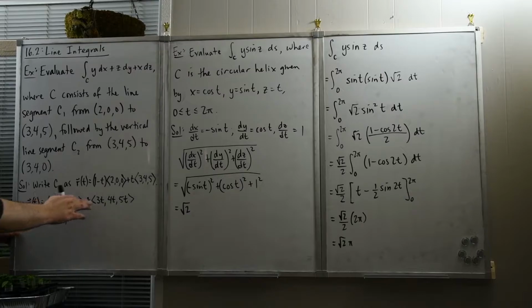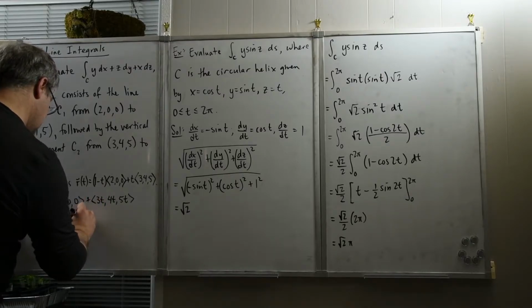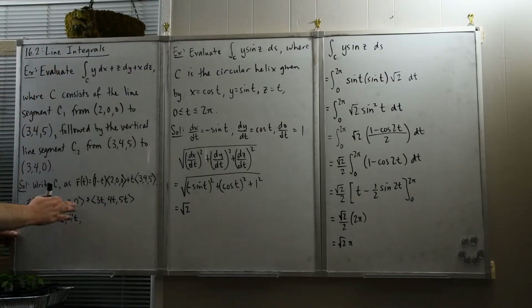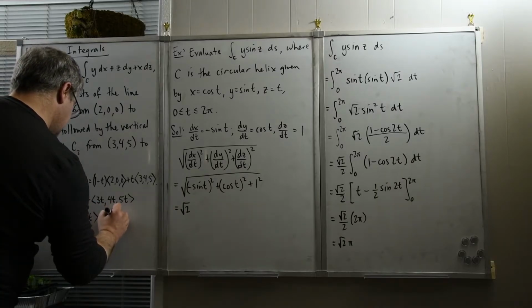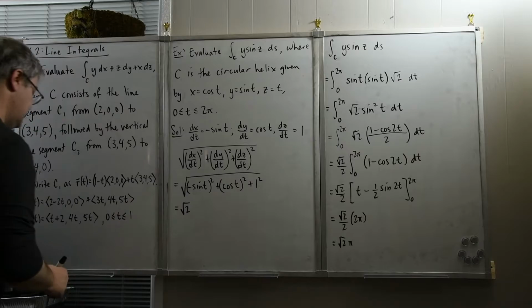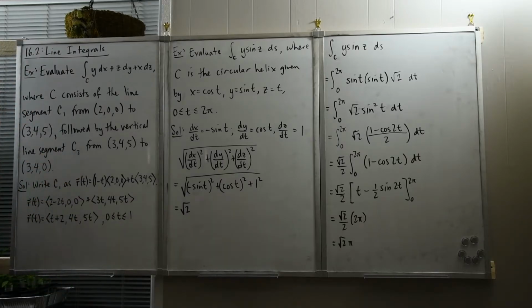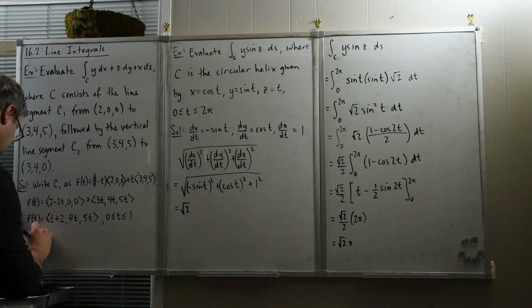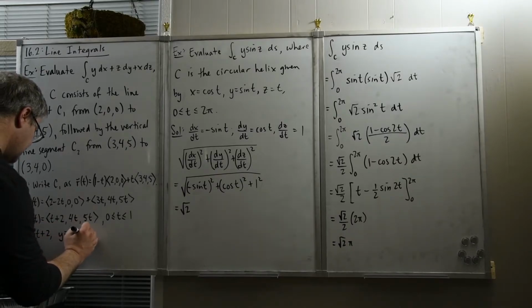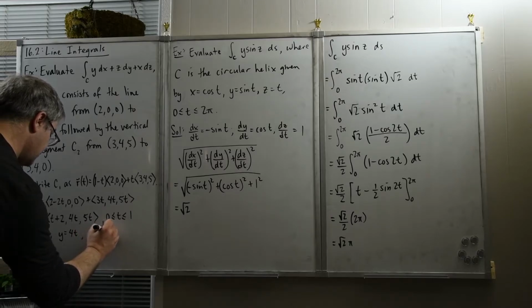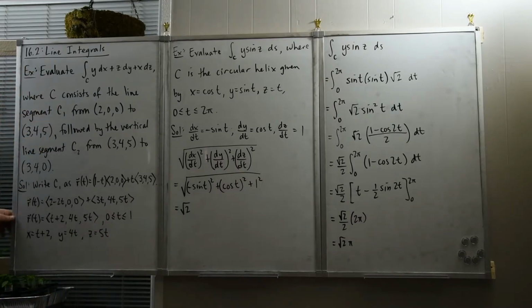And then you'll have a 0 plus 4t as your second component, and a 0 plus 5t as your third component. And don't forget that when we set up this vector valued function like this, t is ranging from 0 to 1. And so that means that we would have x equals t plus 2, y is equal to 4t, and z is equal to 5t.